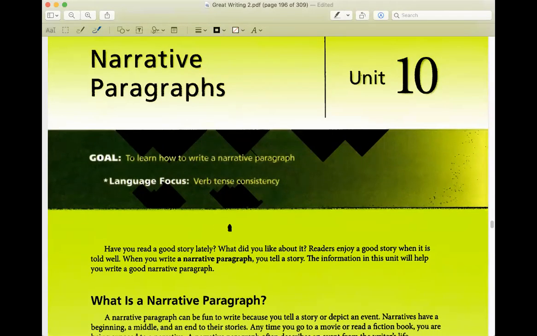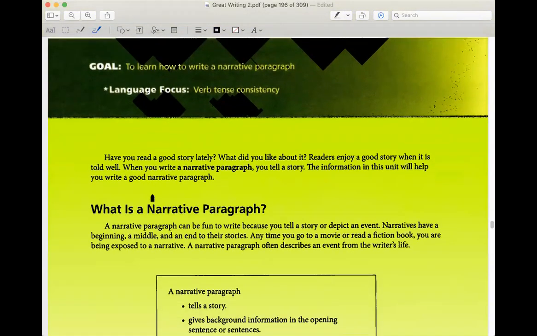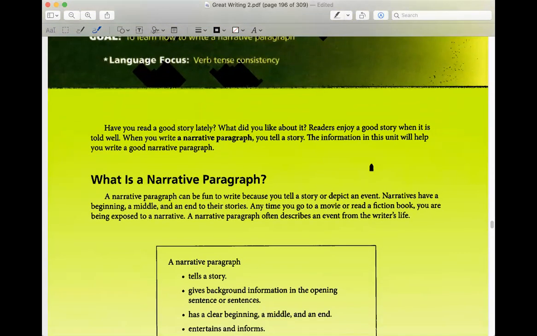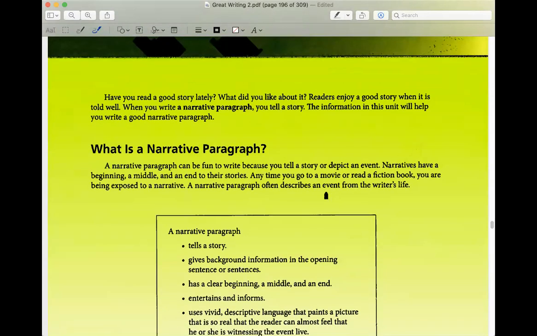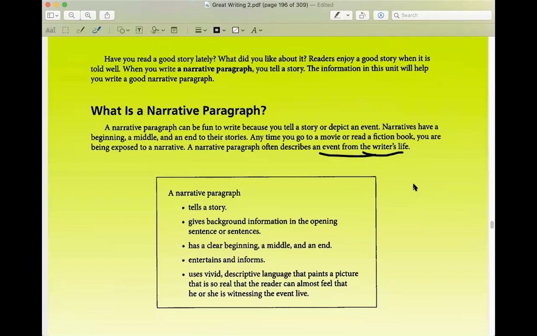Okay, so maybe an event, something happened. You've got a beginning, middle, and end. And often tells from the writer's life. So it's pretty common to use that pronoun I, right? I, me, because it happened to you.